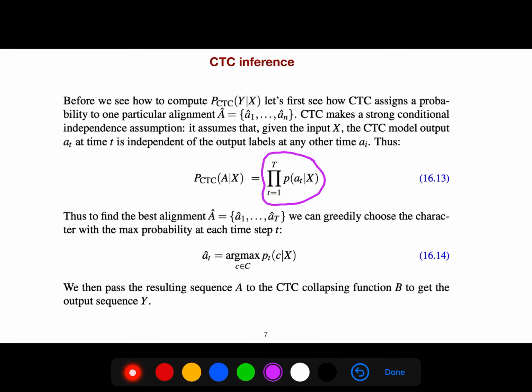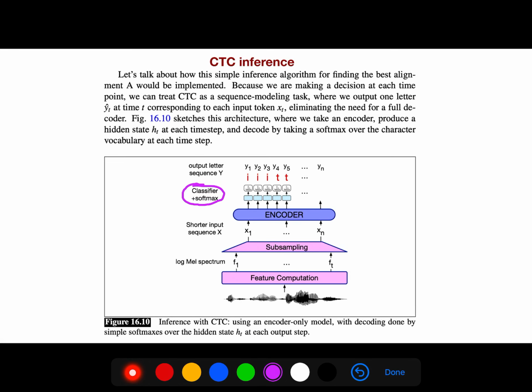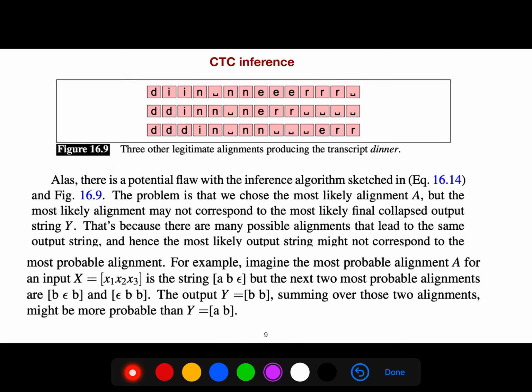Our decoder is just a simple classifier because we have used a strong conditional independence. So why not use a simple classifier? First, we do feature computation, we do subsampling and give it to the encoder, and then our decoder is just this simple classifier to produce the output letters, for example, dinner.